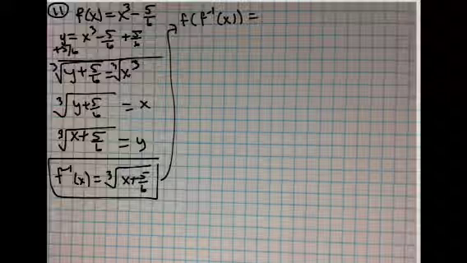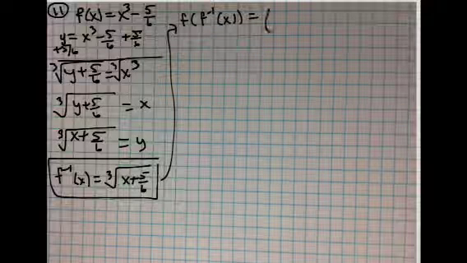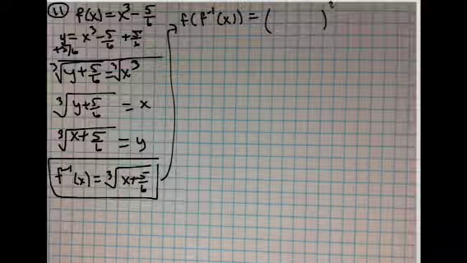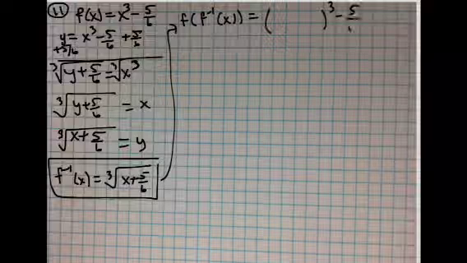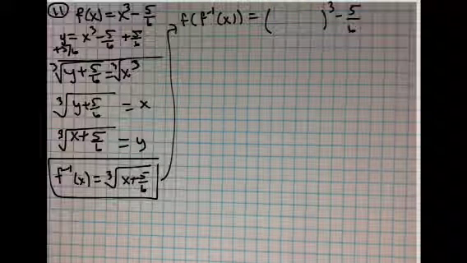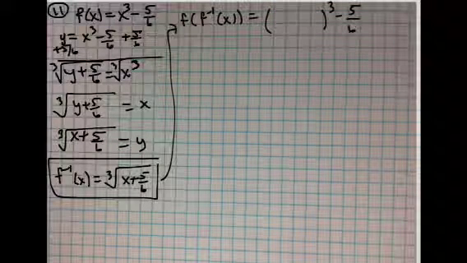And so that's our proposed answer right there. So we're going to now prove that it's the right answer by using composition. So I'm going to take f of x, and then fill in the blank with f inverse of x.